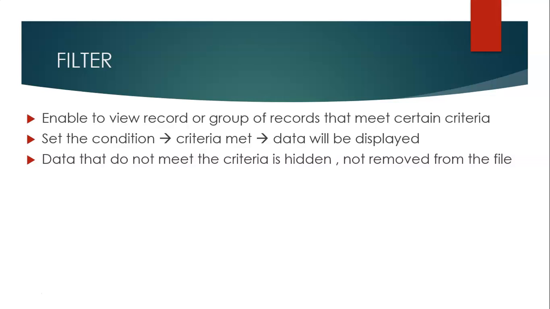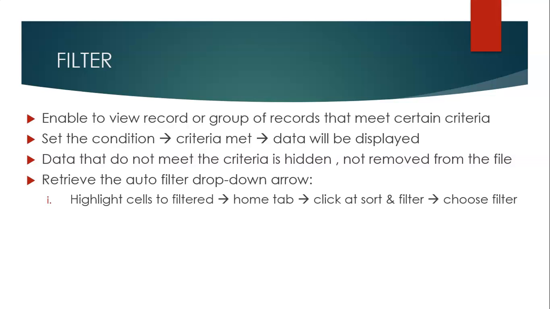It is not removed from the file, just hidden from your view. To get the AutoFilter drop down arrow, highlight the cells to be filtered, go to the Home tab, click Sort and Filter, and choose Filter.